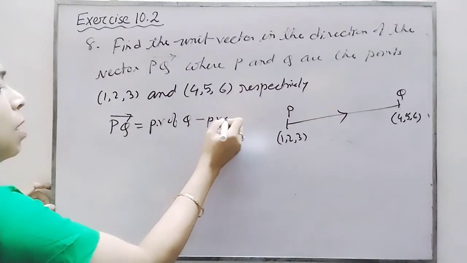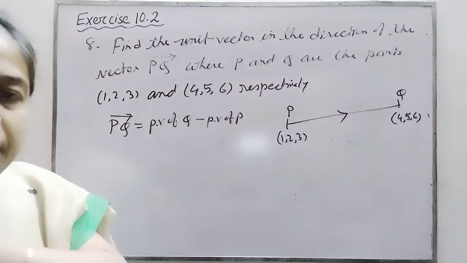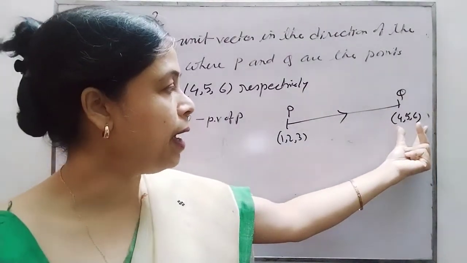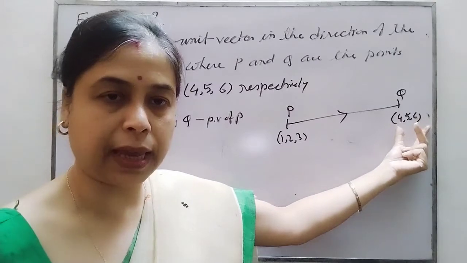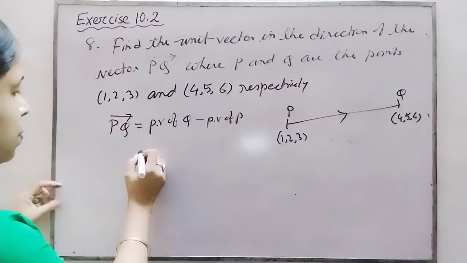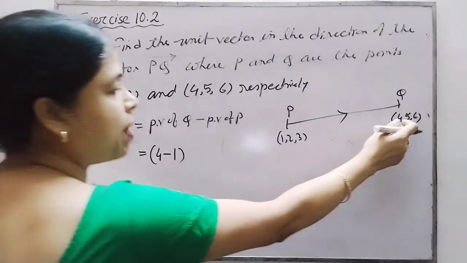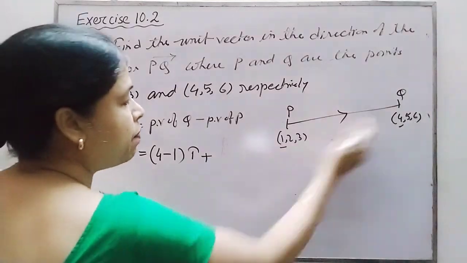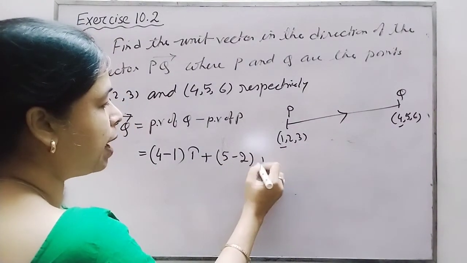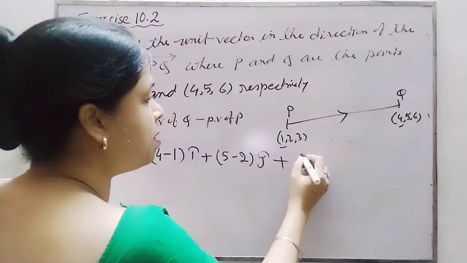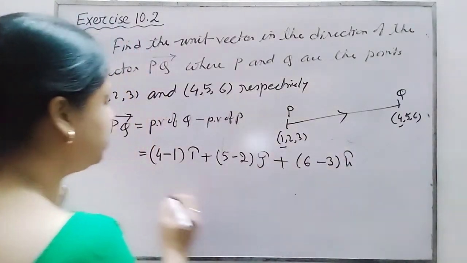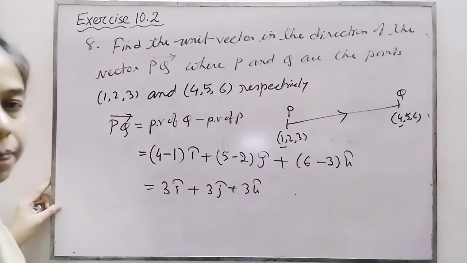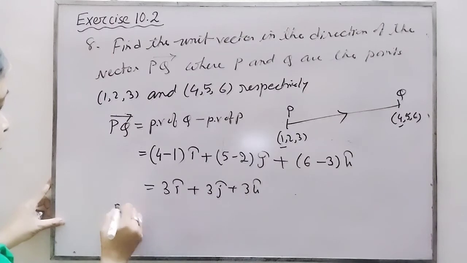Position vector of Q minus position vector of P. I subtract coordinate-wise: I subtract the coefficient of i cap, 5 minus 2 for j cap, and similarly 6 minus 3 for k cap. Same coefficient, I just subtracted: 3i cap, 3j cap, 3k cap.